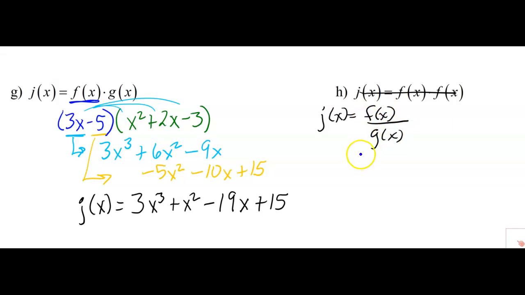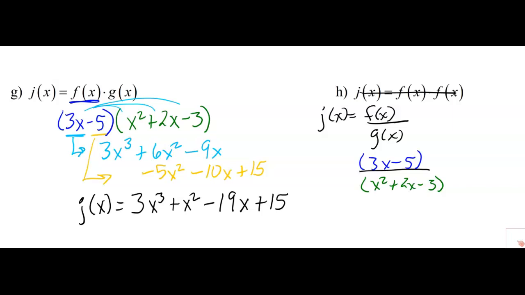So f of x is 3x minus 5 over g of x, x squared plus 2x minus 3. So a full quantity over a quantity. Generally, there's nothing to do here.